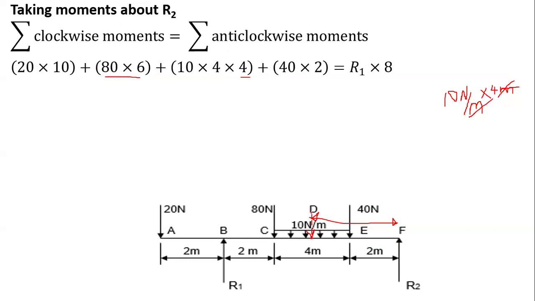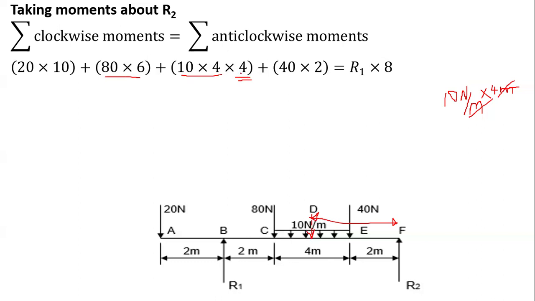So since I have 2 meters from point D to point E, I can already see that there's also another 2 meters from point E to F. Then I can add 2 plus 2, giving me the last 4 for this. So our combination is that the first part here is giving us the force. The last part there is giving us the perpendicular distance for this moment.